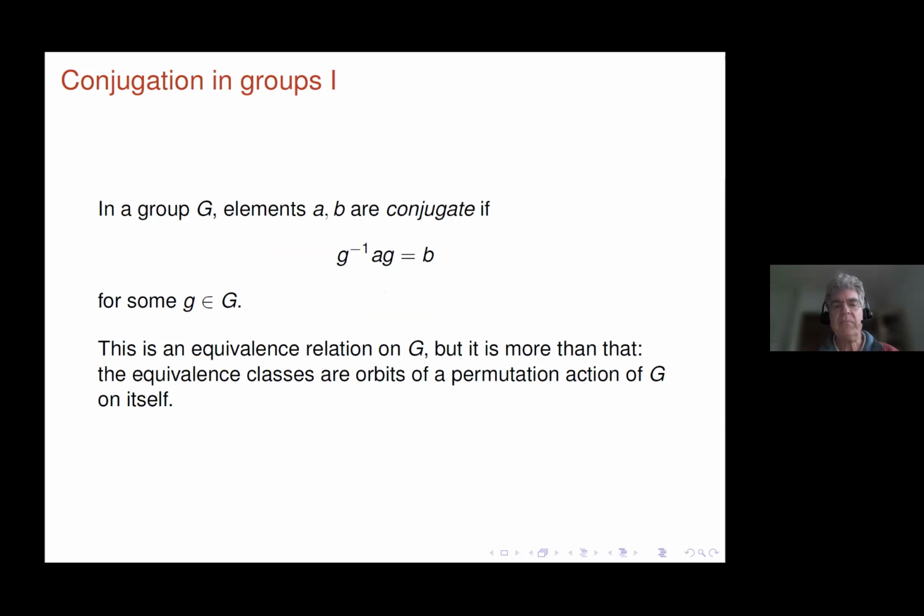So what conjugacy in groups means is just that two elements are conjugate if, when we multiply by some other group element on one side and the inverse of that element on the other side, for one, we obtain the other one. And this is, of course, an equivalence relation on groups, but it's also a little bit more than that because the equivalence classes are actually orbits of a permutation action.